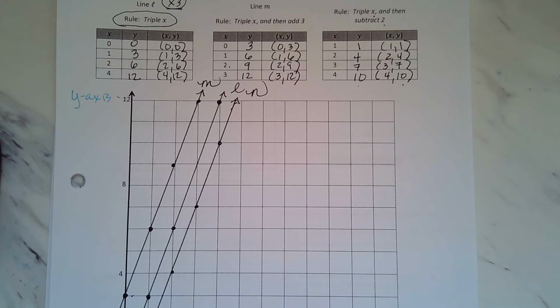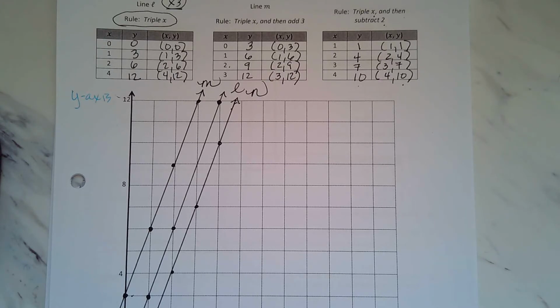Well, you can generate parallel lines involving multiplication, but you have to add or subtract after multiplying. Not every rule with multiplication will produce a line that passes through the origin.